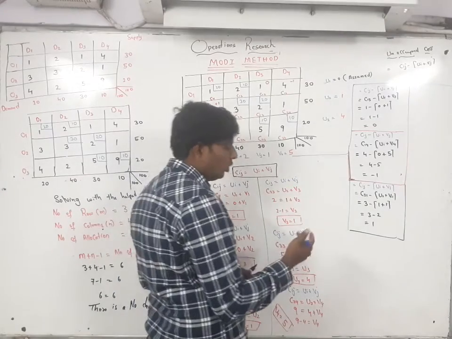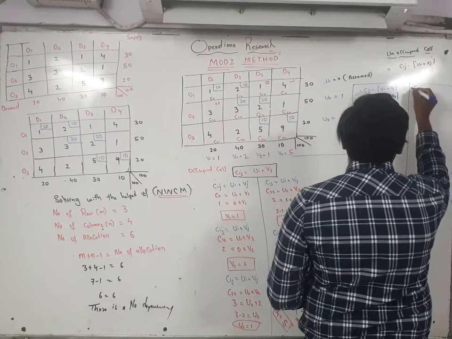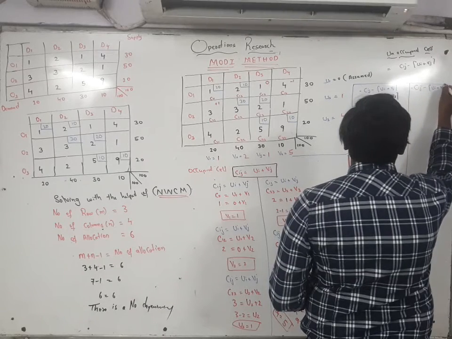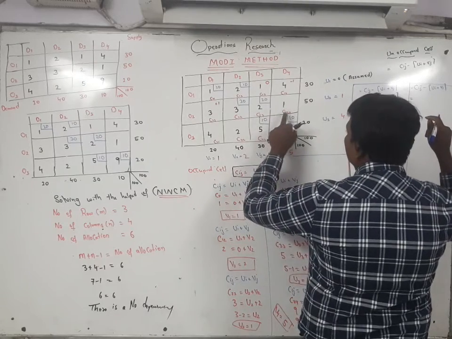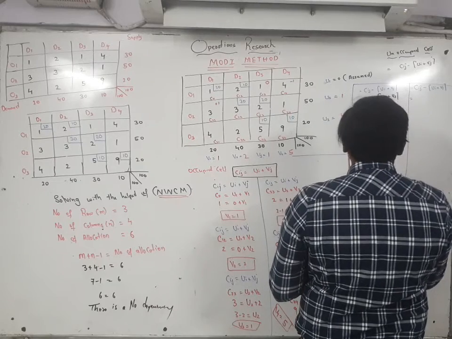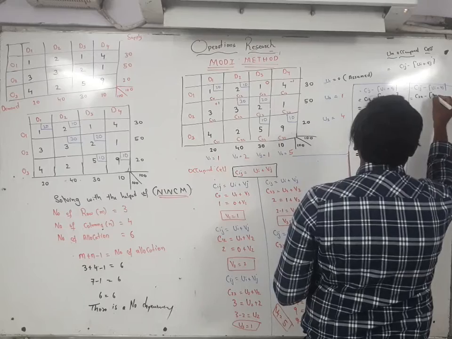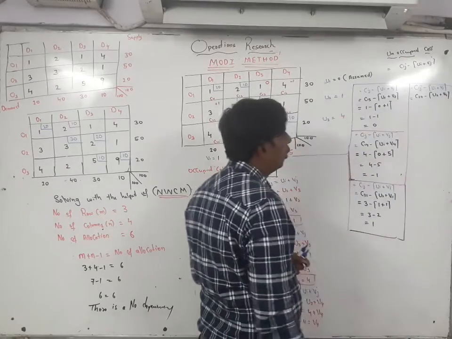Again, the third one you have to find out. For finding that, Cij equals minus Ui plus Vj. Here, for Cij, the next occupied cell, what is the name of the cell? C24. So C24 minus U2 V4.